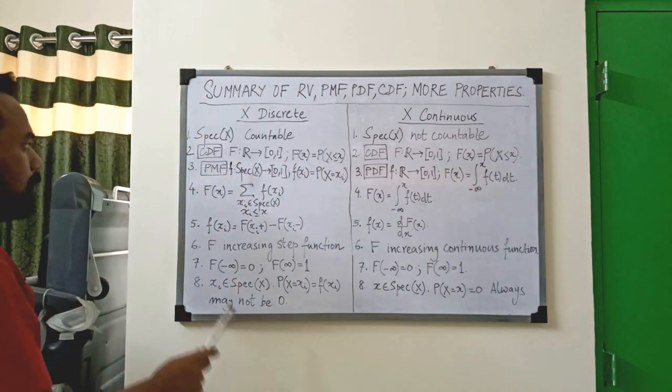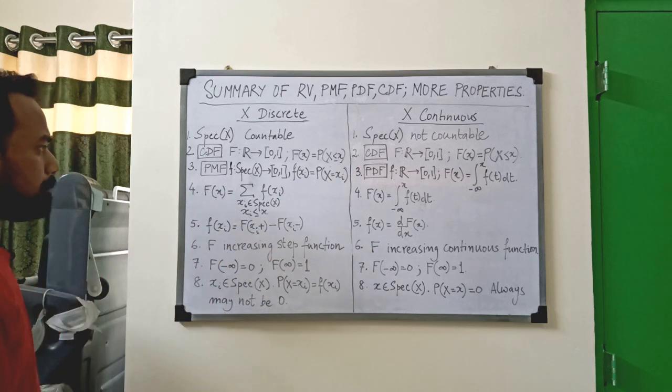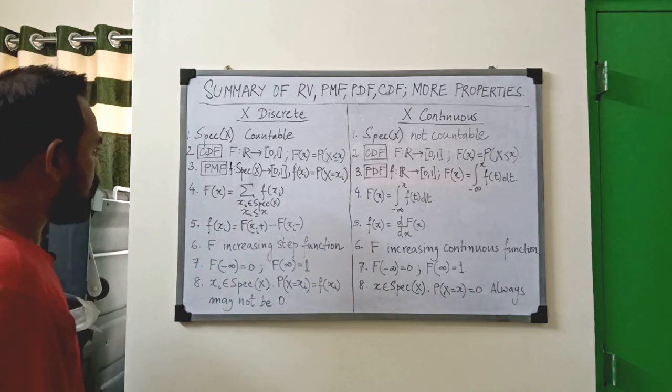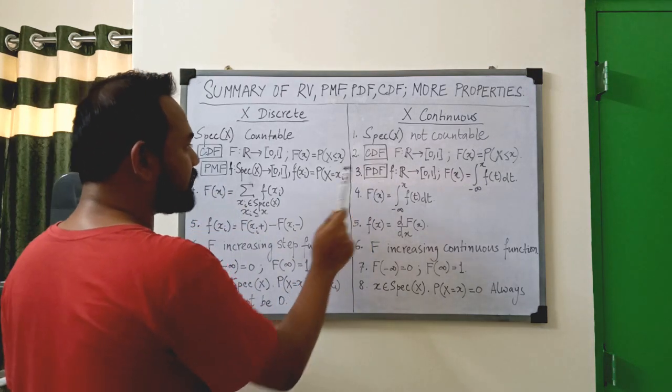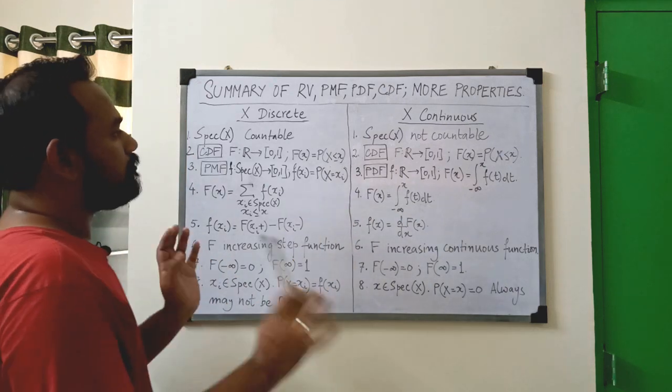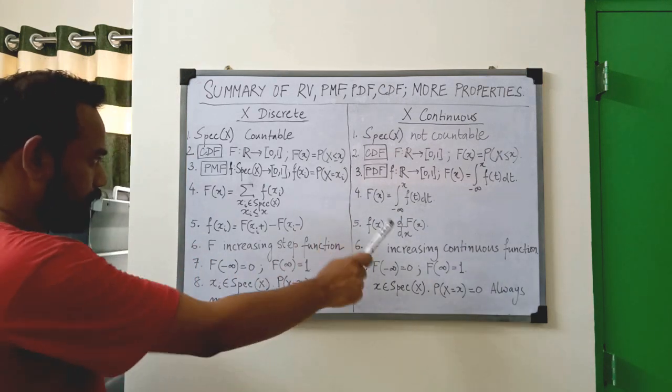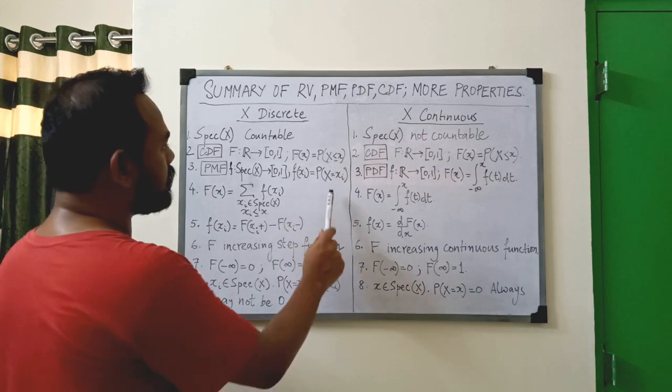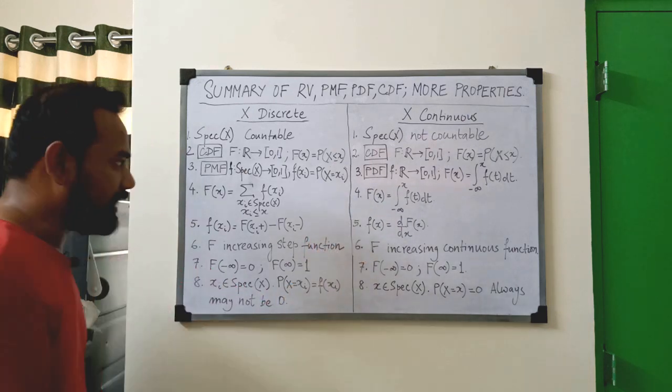Now comes the concept of a PMF, or the probability mass function, which is slightly different from the probability density function, and they're defined differently for the two cases. The two are quite different in that sense.